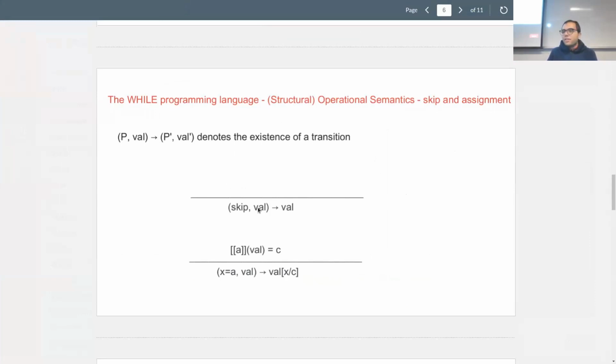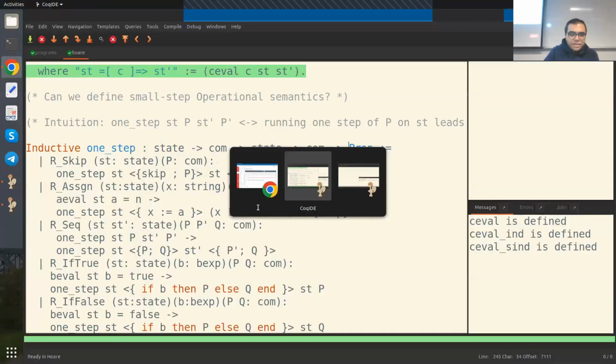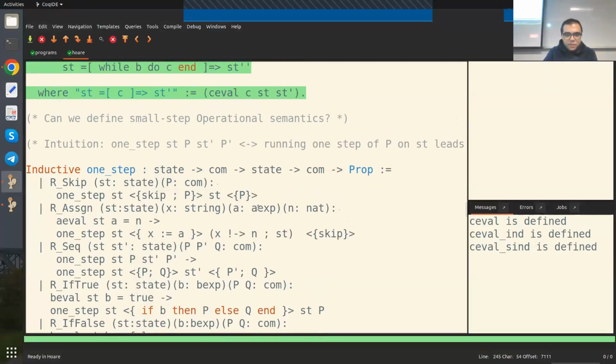If I have skip and I run it on ST, I will end up at the same state. But you see, that's problematic for me because of the type checking again, because I want to define this inductive proposition in a way that I always have this format, two states and two programs. So I just don't distinguish between skip and the empty program because I don't have a concept of the empty program here. So instead, the rule that I write for skip, and I call it rskip, is going to be like this.